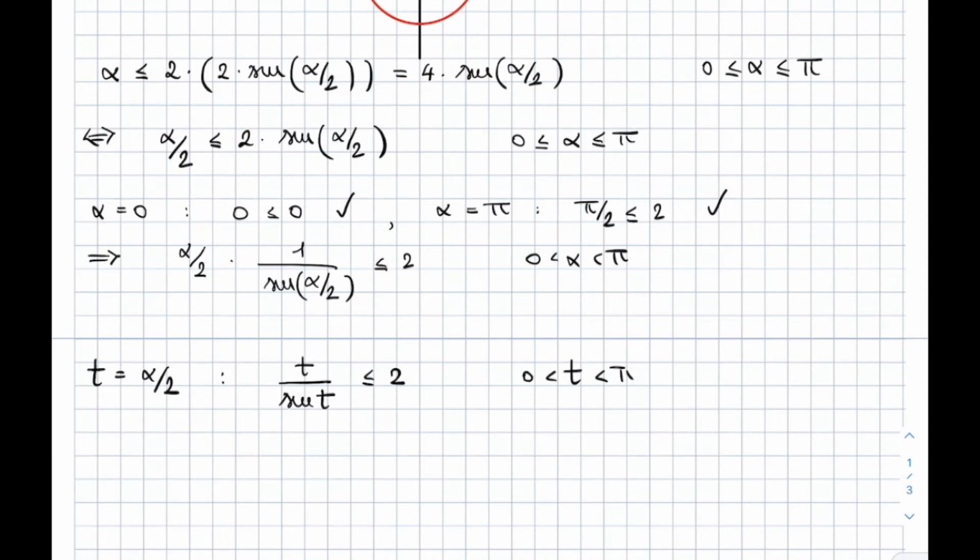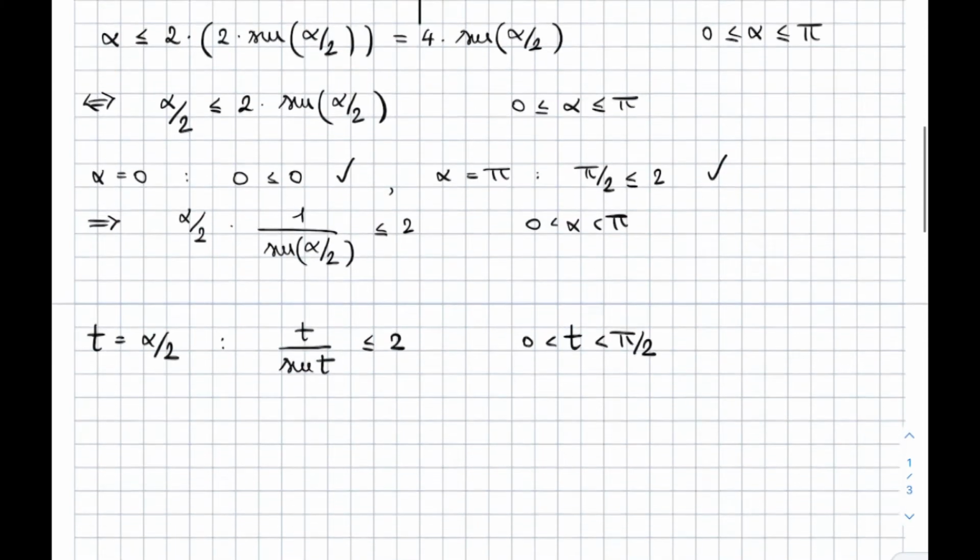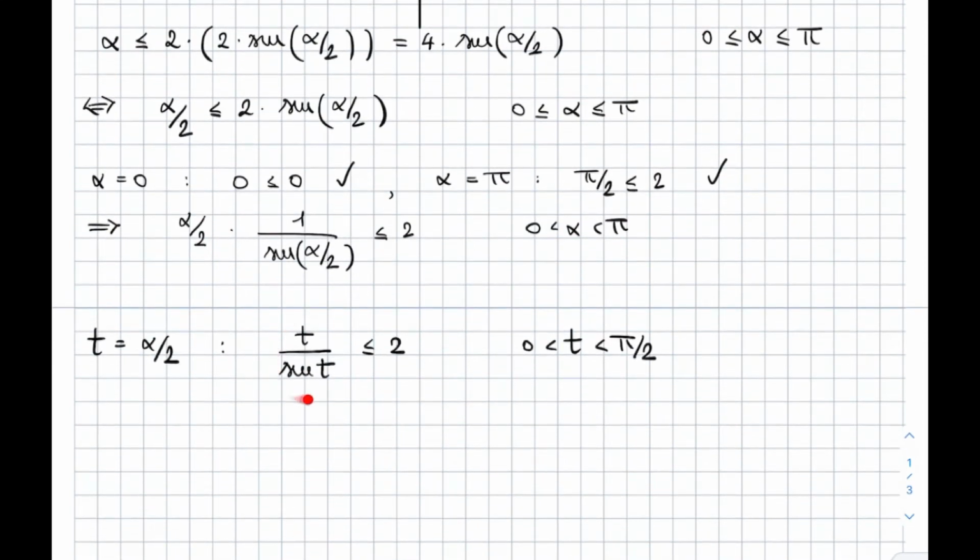The only problem we could have with this quantity here is when t is equal to 0 or very near to 0. Why? Well, because we've got 0 on the numerator and 0 on the denominator, which means that a priori this quantity on the left might be very, very big.